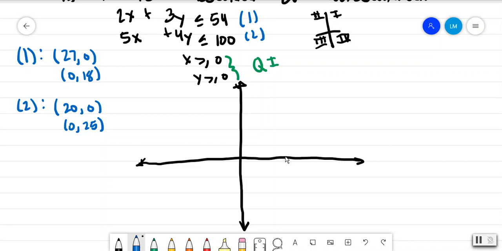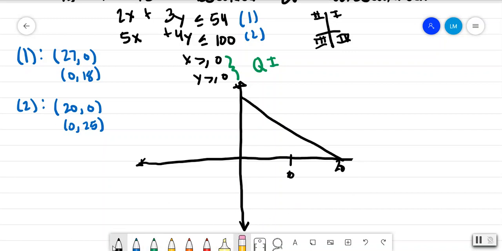Okay, so let's say that we graph the first one. So we have 20, 0 and 0, 25. We'll just say that this one right here is 20. So that means that this will have to be 10. And then if we keep this going, then 27, roughly 25, 27.